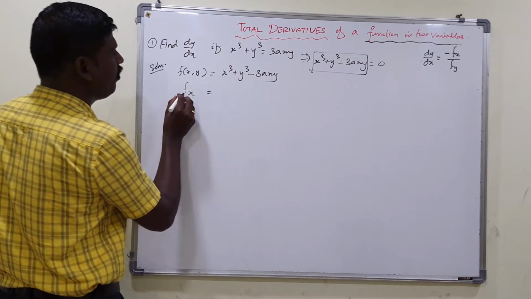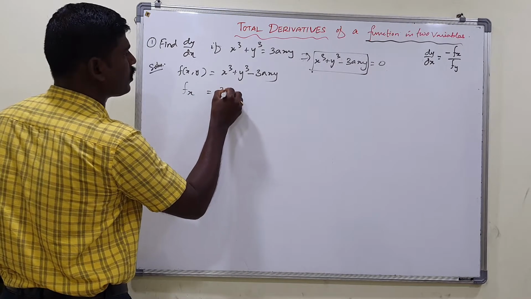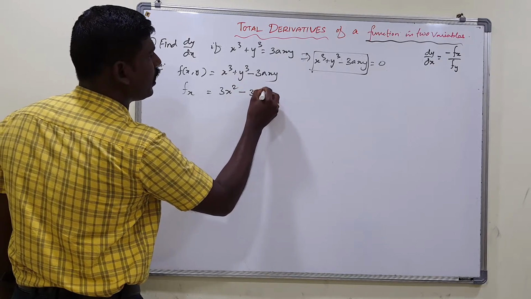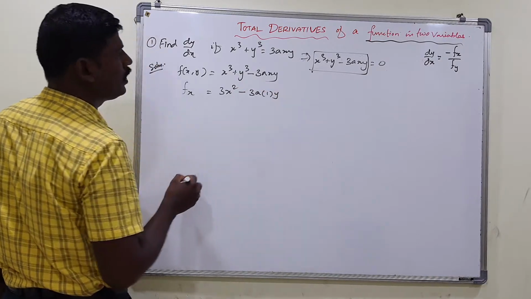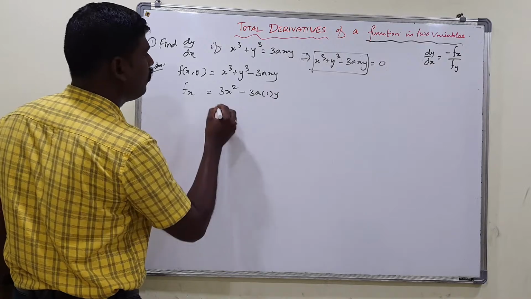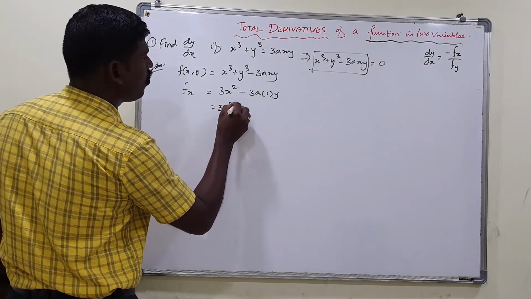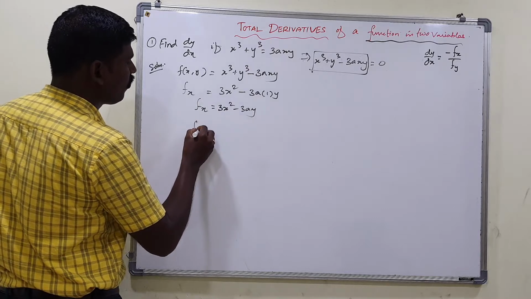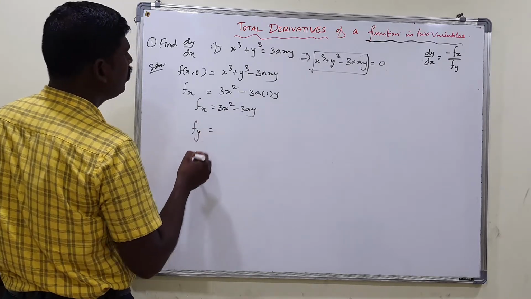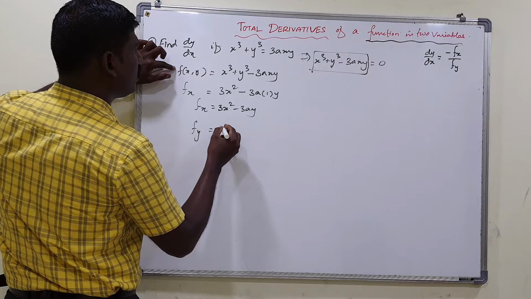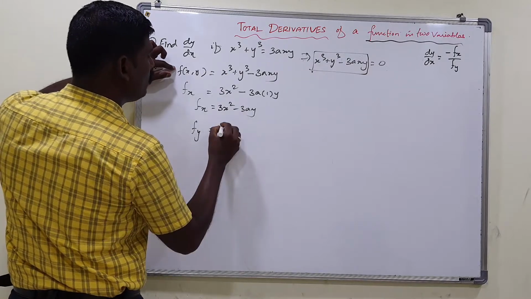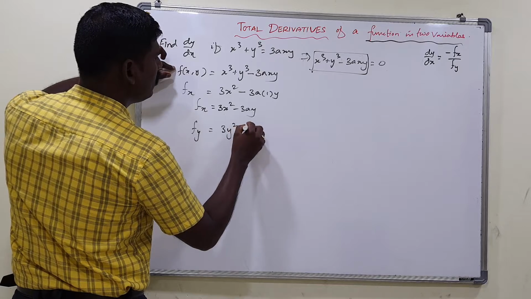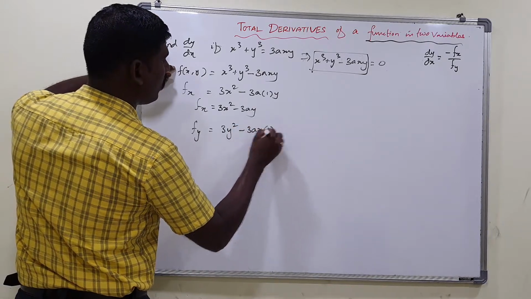That means the partial derivative of f with respect to x becomes 3x square. This term becomes 0. Here minus 3a into x becomes 1. Y is constant, it is in the product, so we keep it the same. So 3x square minus 3ay is the value of fx. Then what is the value of fy? Again, differentiating partially with respect to y, the first term becomes 0, the second term becomes 3y square minus 3ax into 1, isn't it?